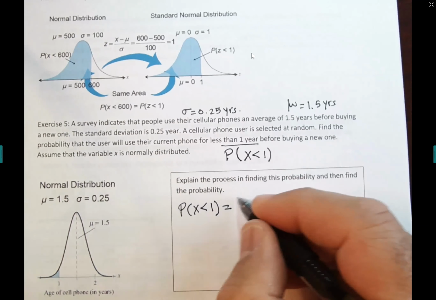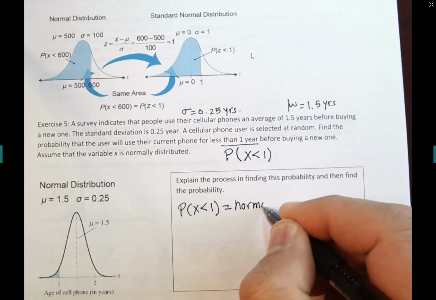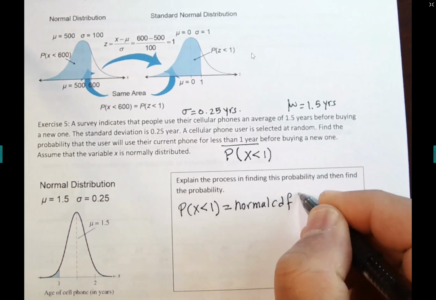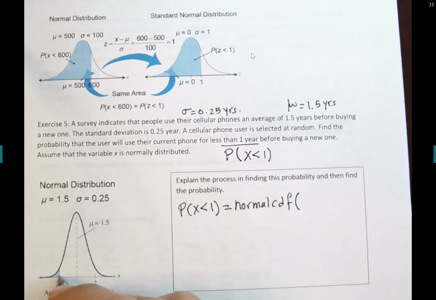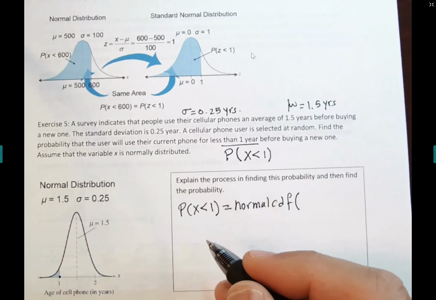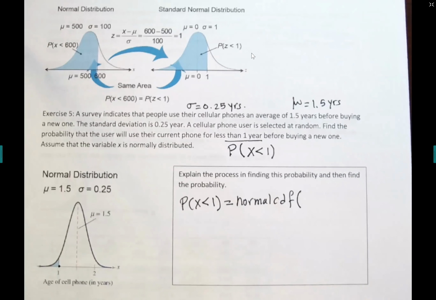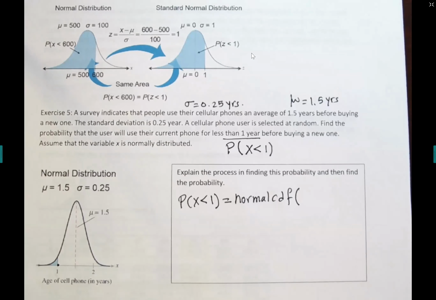It's going to be the normal CDF. This is less than 1 right here. What's the lower bound, and what's the upper bound? You don't need to sketch, but I did sketch it to show you how that works. What's the lower bound in here? Negative a million.